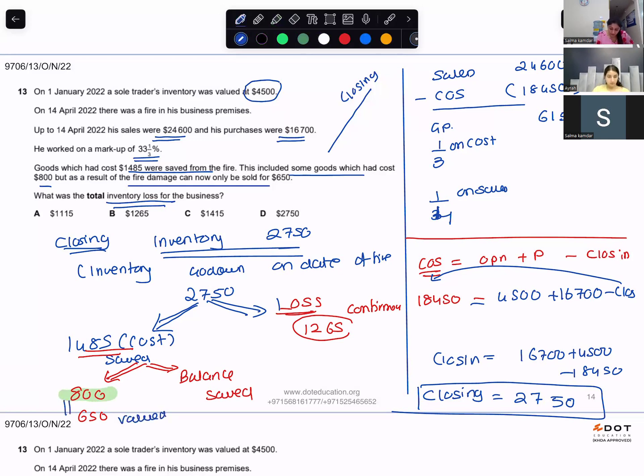That means there is a loss of stock over here also. How much? 150. So plus another 150 loss. So total loss is how much? 1265 plus 150. So the total loss is 1415.